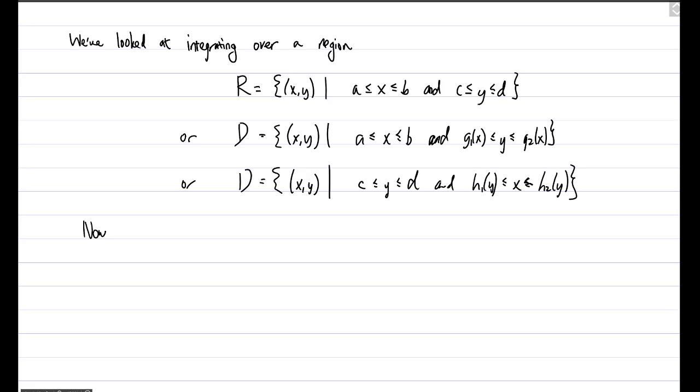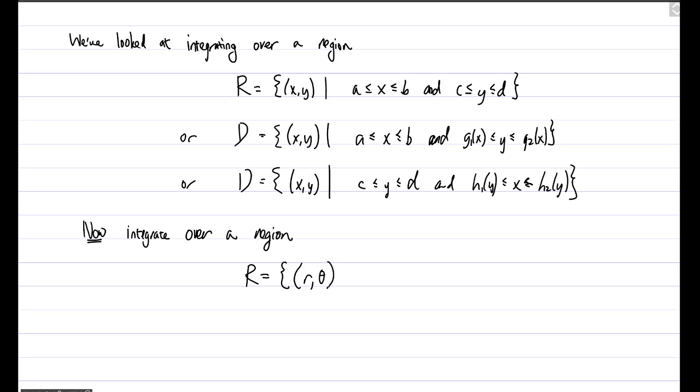Now what we're going to do, though, is try something new. We're going to integrate over a region. Capital R, we'll still use R, but here's the funky thing. This will no longer be ordered pairs x, y. This is going to be r theta.